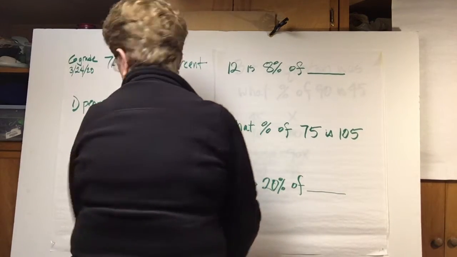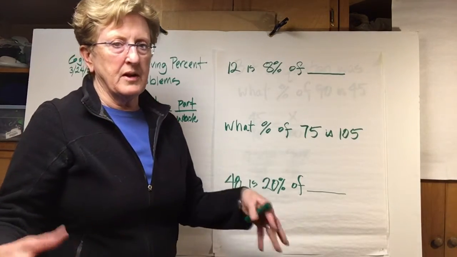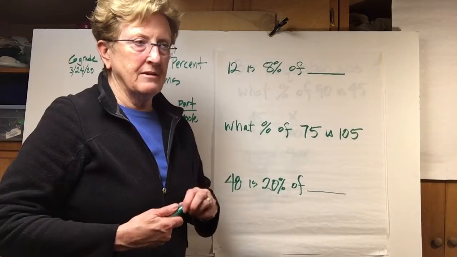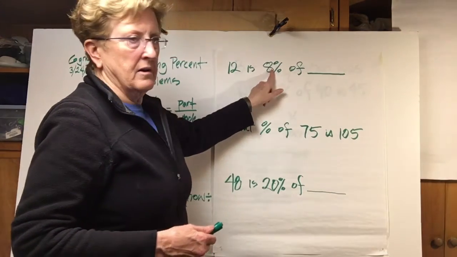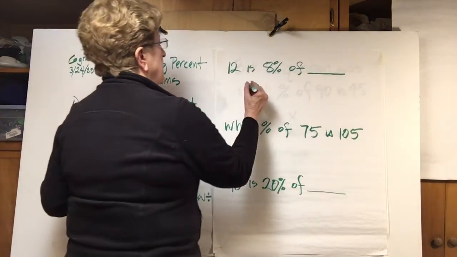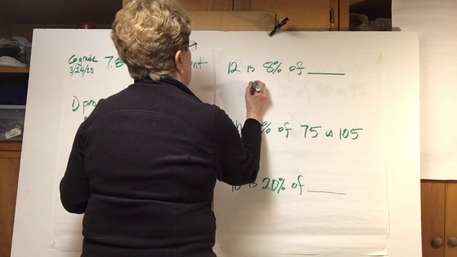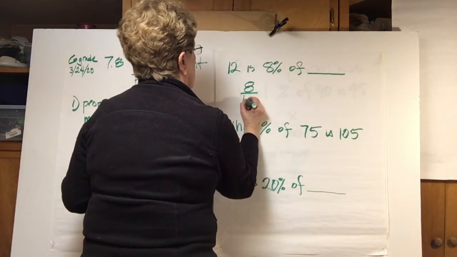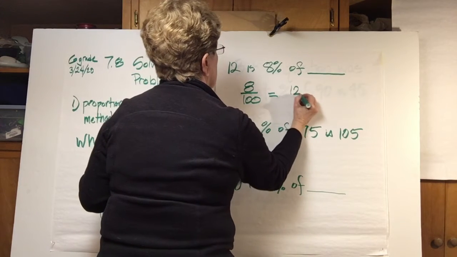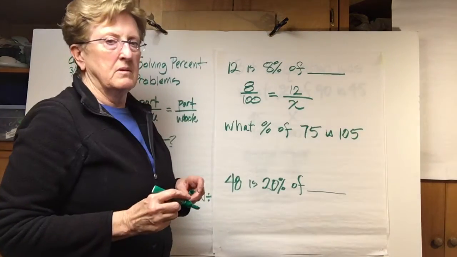Okay. Right here we've got 12 is 8% of what number? 12 is a number, but it's 8%. So I've got a part and a part, and I'm looking for a whole. All right? So I like to put percents with percents, and parts in the same position, and I don't know what that is, so there's my variable.